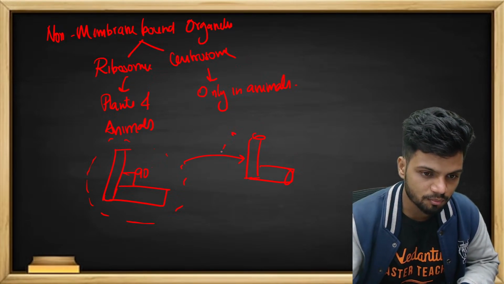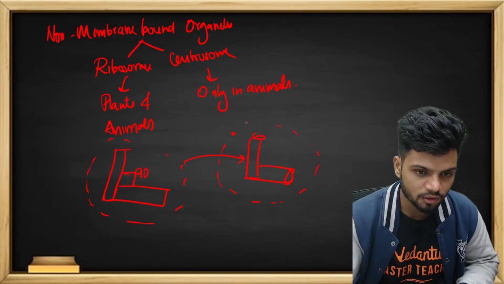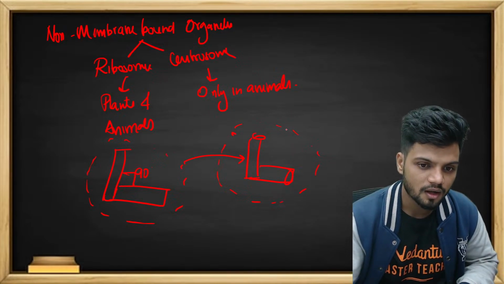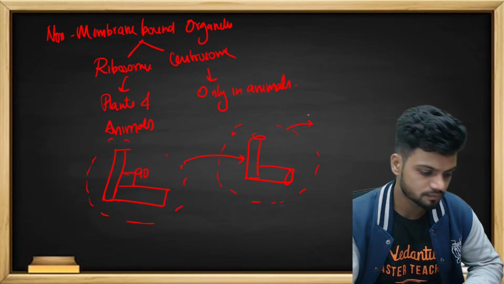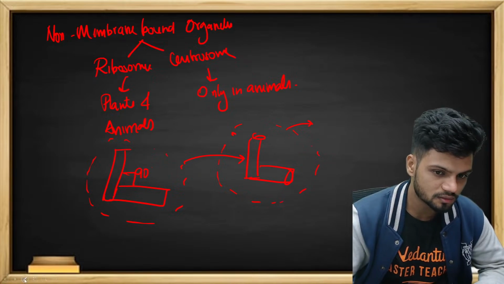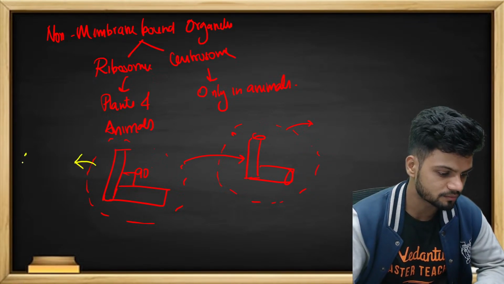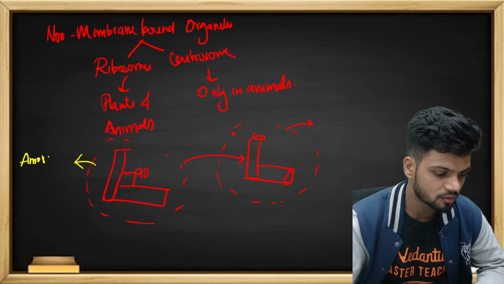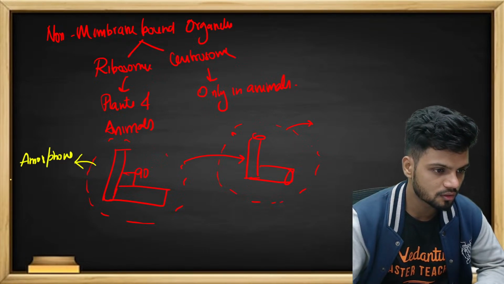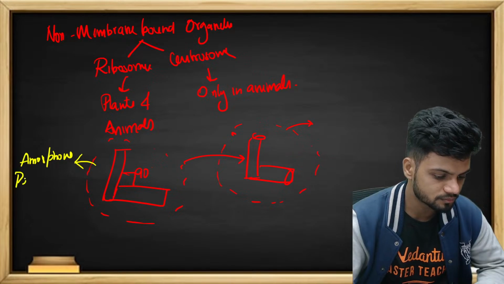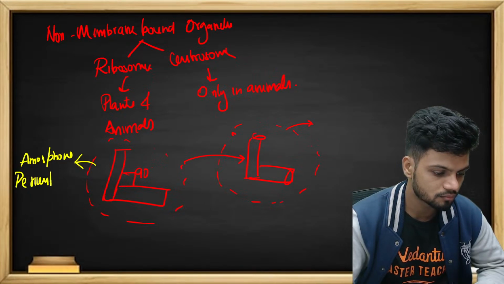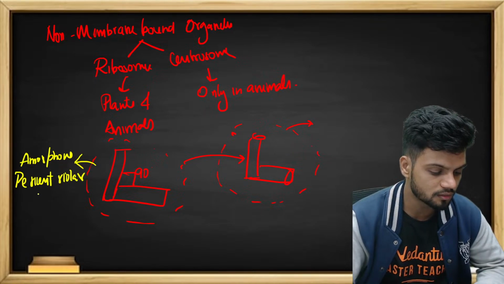Now, students, this centriole, or this entire thing called centrosome, has an amorphous outer structure. You see here, an amorphous structure on the outside. They call it amorphous pericentriolar material, or we can also call it kinoplasm.